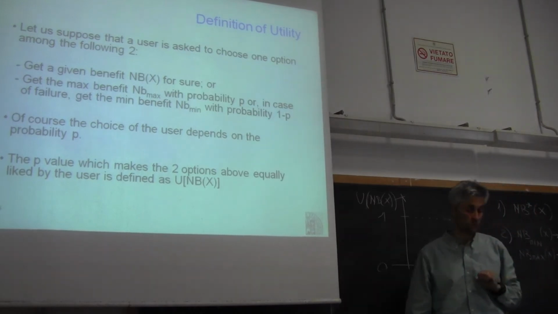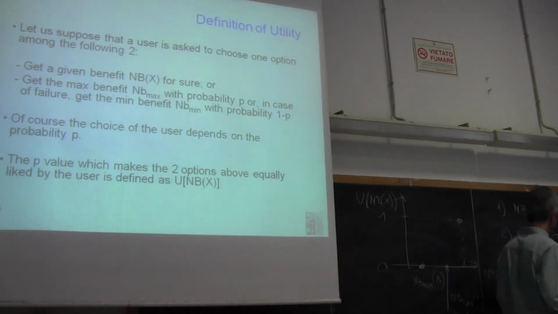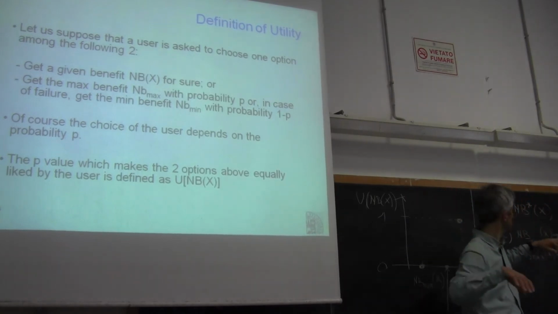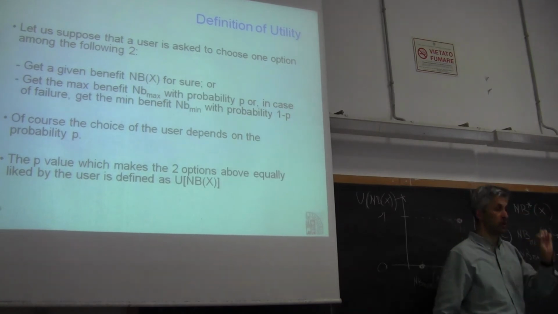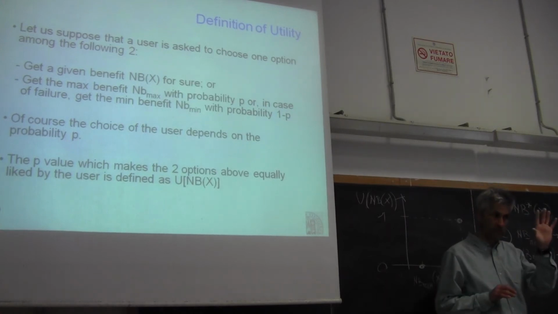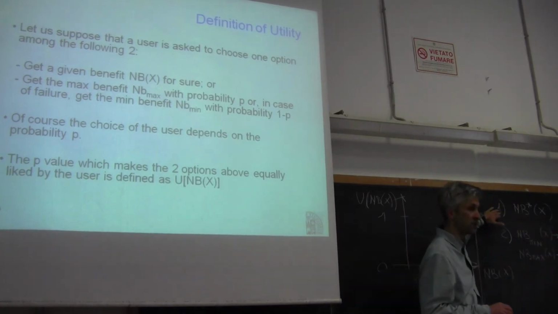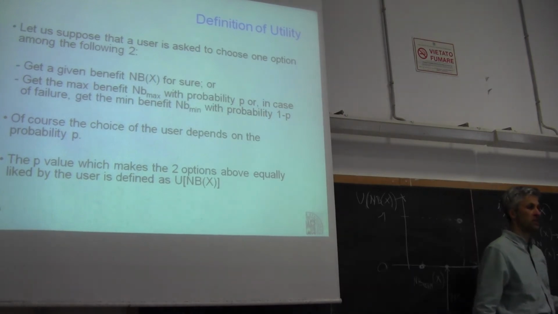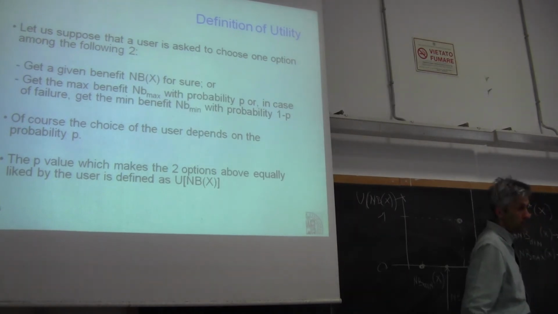Now, let's define utility as the value of p which makes the two alternatives equivalent for yourself and the user. Think of the situation, let me call back the example. If you are given for sure a benefit of 60 and a benefit of 100 with probability close to 0, you would say no, I prefer this solution.